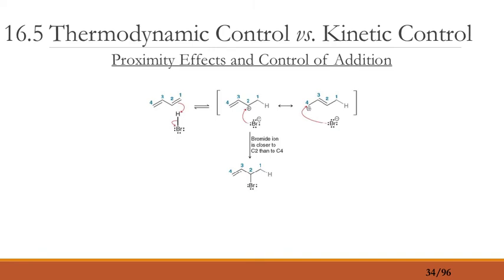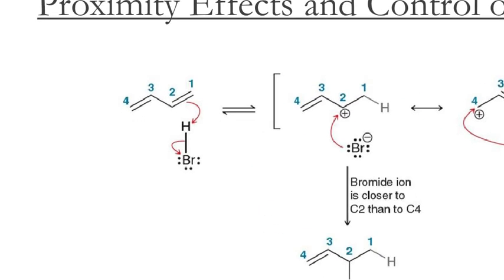Proximity effects and control of addition. All right, so in buta-1,3-diene reacting with HBr, the bromide that is kicked off is going to be right next to the secondary allylic carbocation that we see right here.